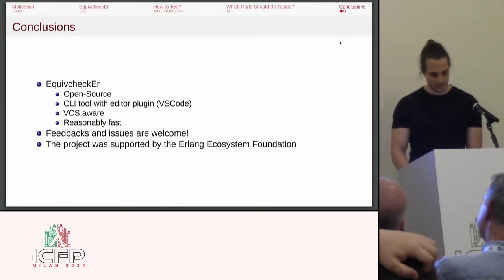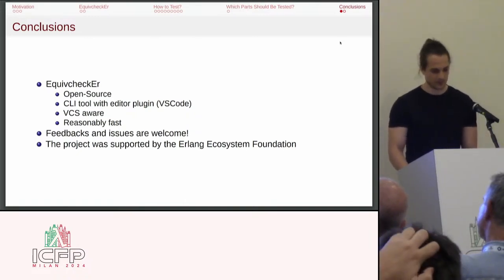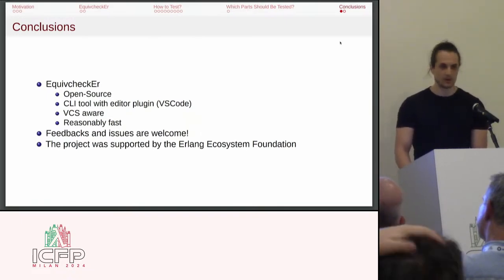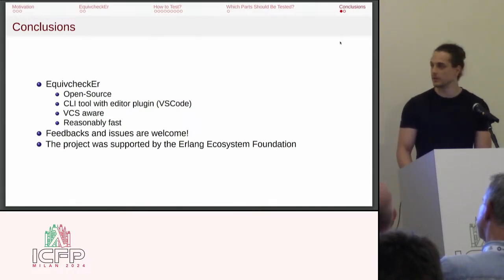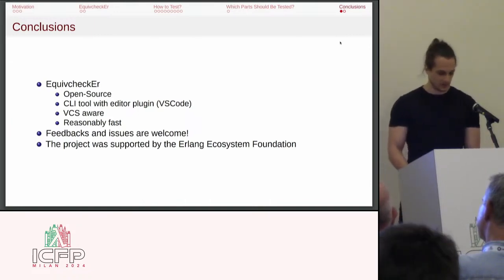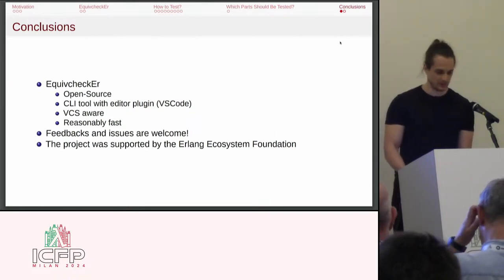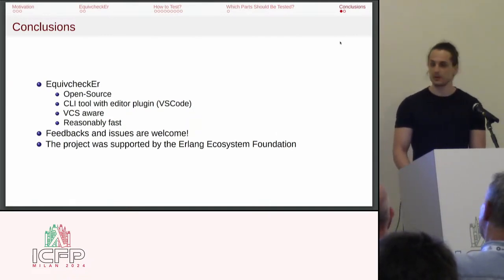It's also version control aware, or more specifically, Git aware, and it's reasonably fast. Even with bigger code bases, it usually didn't take much longer than 10 seconds to run. Feedback and issues on the issue tracker are welcome.